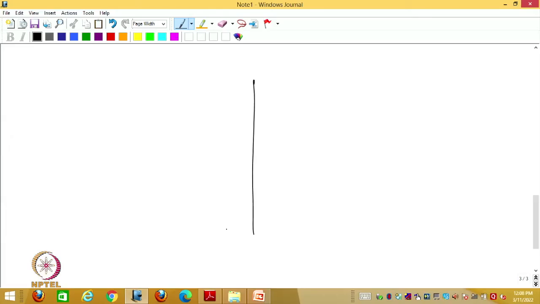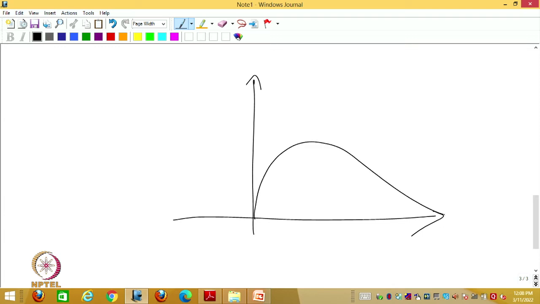The same way you should do it here. You take a chi-square distribution with n minus 1 degrees of freedom, and its probability density function. I am just drawing a rough diagram, so if there is any mistake, please correct me.